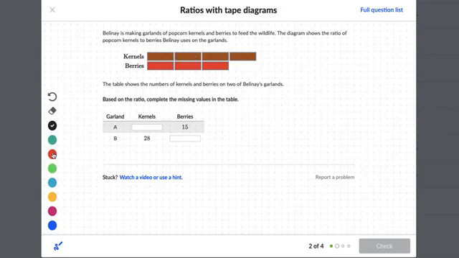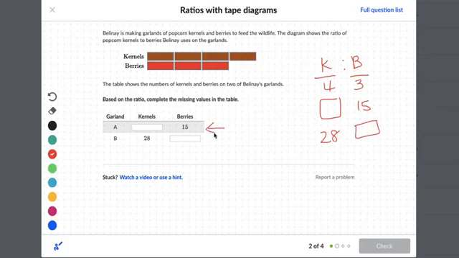So we have kernels to berries. We have 1, 2, 3, 4 kernels. For every 1, 2, 3 berries. So we need to complete the missing values on this table. So if I have 15 berries, I need to know how many kernels. And if I have 28 kernels, I need to know how many berries.